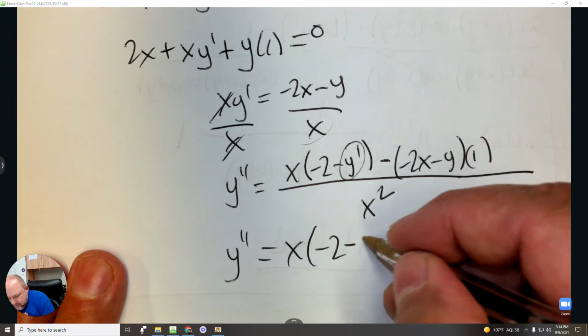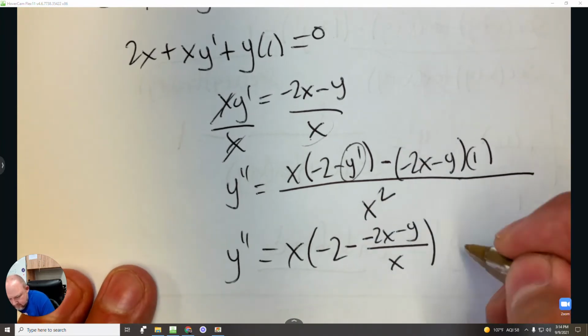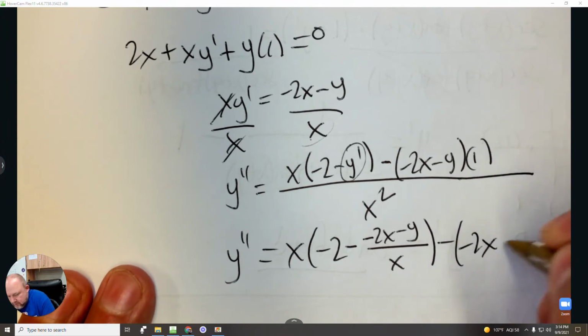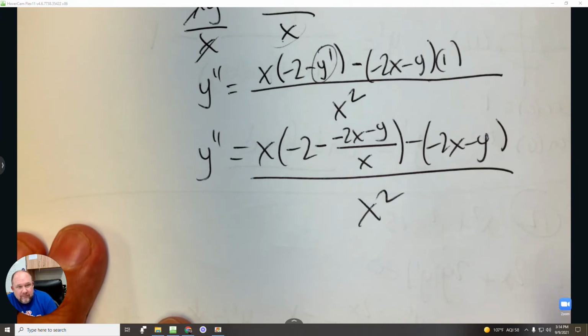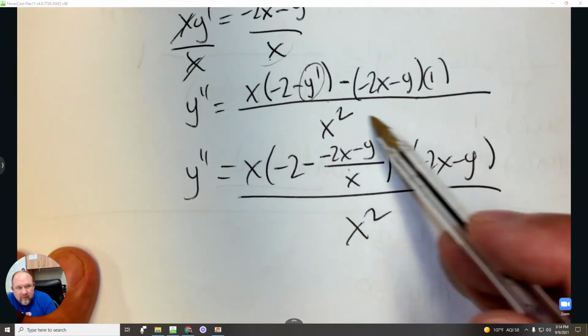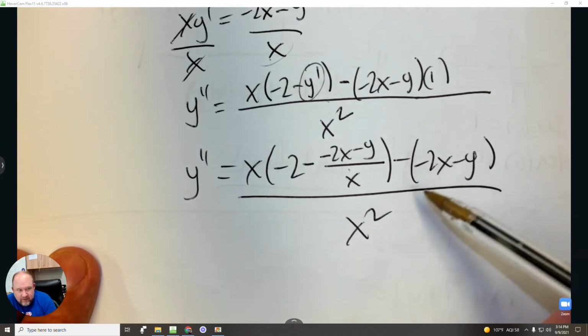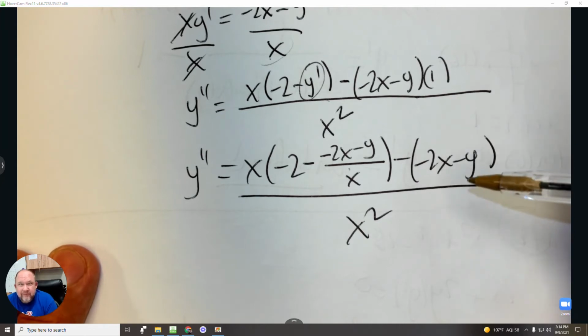So y prime is negative 2x minus y over x. I'm not going to try to make it look pretty. It is what it is. And there's your answer. So we know what y prime equals, so just replace it. And now the second derivative only has x's and y's in it. You could simplify it further, but it's not necessary.